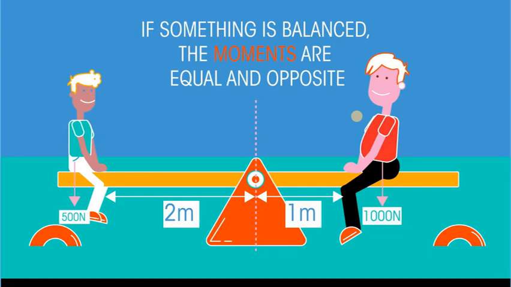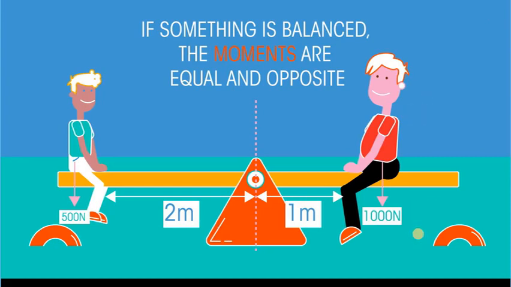Are we still there? So we have one child with a weight of 500 newtons, and the other has a weight of 1,000 newtons, right? If you're here on Earth, that means that kid has a mass of 100 kgs. But in terms of clockwise and anti-clockwise moments, this kid will be moving in this direction, that is anti-clockwise. He will be moving this one on the right side, my right? He will be moving effectively in a clockwise direction.